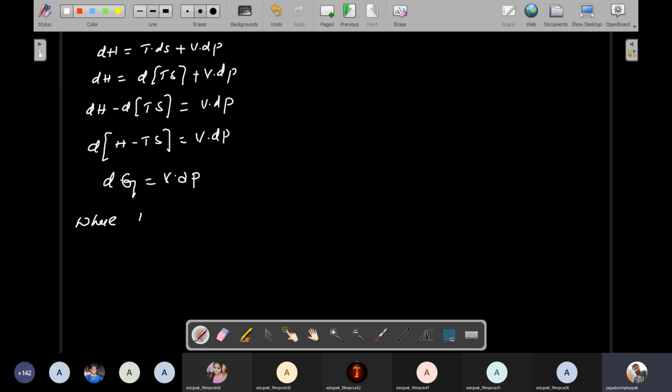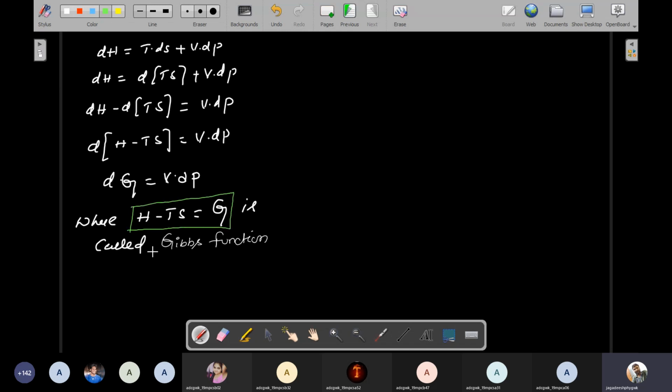Where H minus TS is equal to capital G, it is called the Gibbs function. Okay, understand? This is called the Gibbs function, and this is very important.